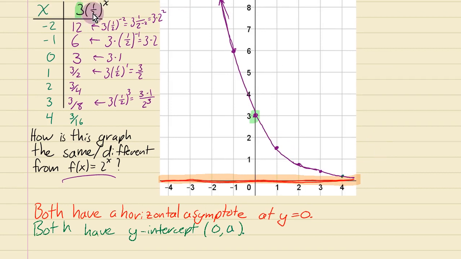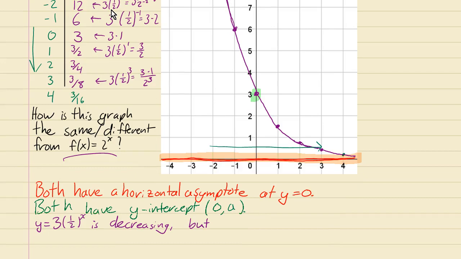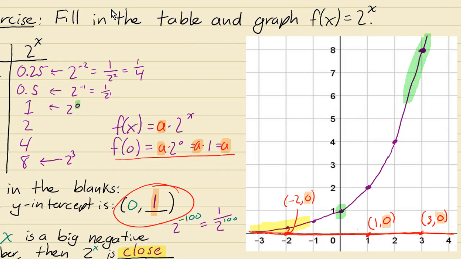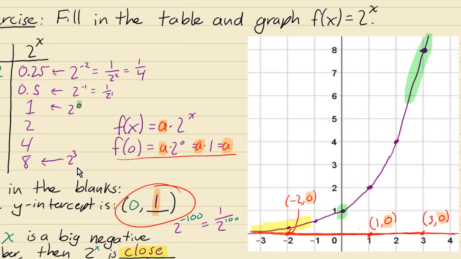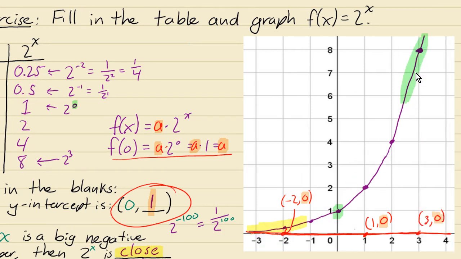When you have a fraction as the base, then as you go from left to right and x gets bigger, the result gets smaller because you're multiplying by more factors of 1/2. So this is a decreasing graph. But with the other one, y equals 2 to the power x, as your x increases, your y-coordinates are also increasing. So this gives you an increasing graph.